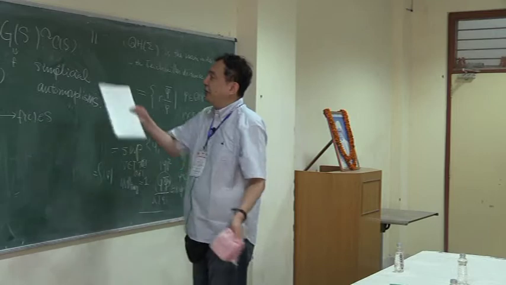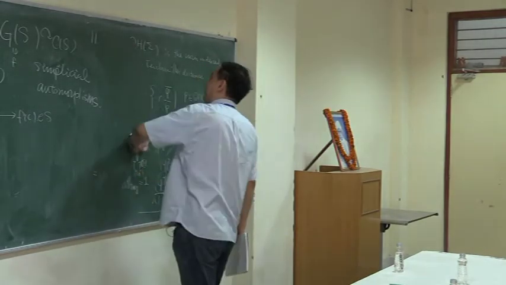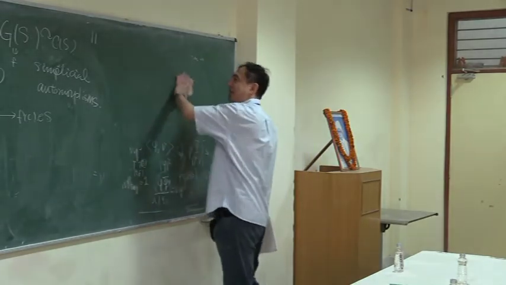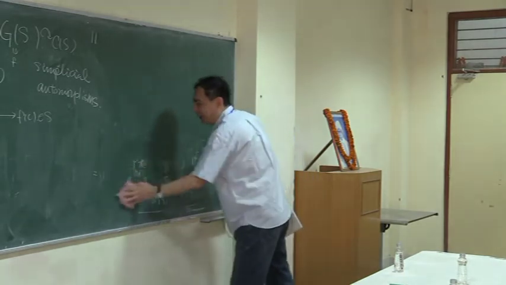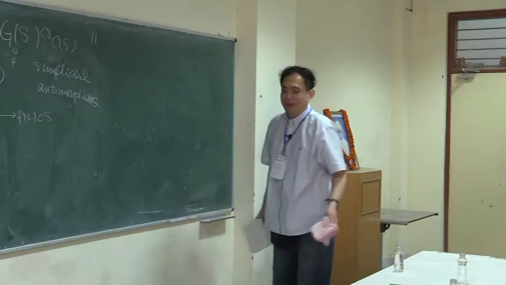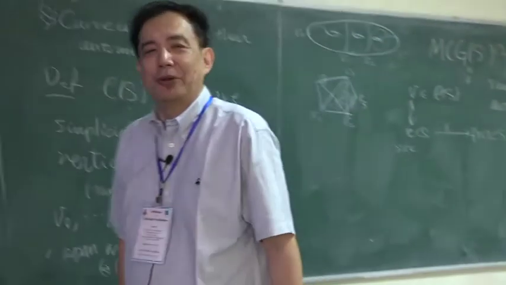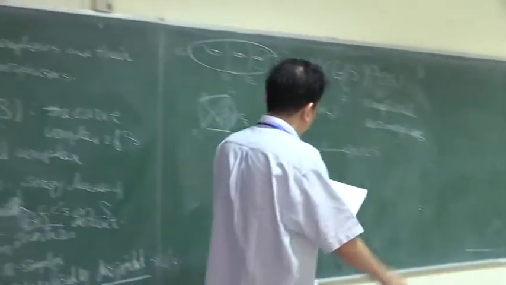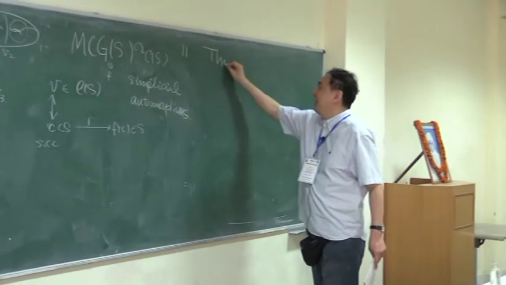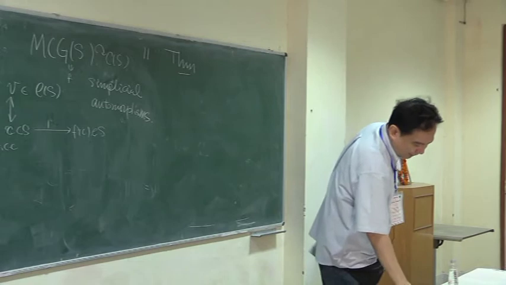So this simplicial complex is an analog of Teichmüller space, actually a combinatorial version of Teichmüller space, and this action corresponds to the action of the mapping class group on the Teichmüller space. So what I'm going to state here is an analog of Royden's theorem in this setting.